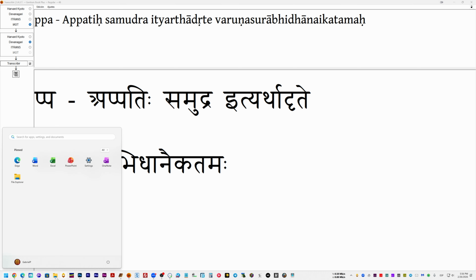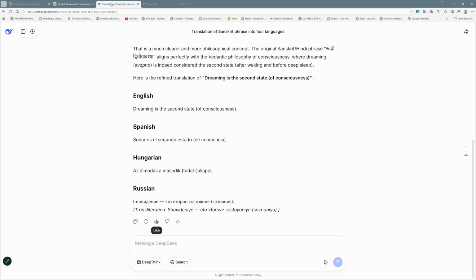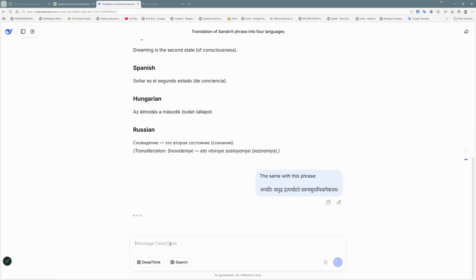Okay, I go to DeepSeek to ask what craziness it will translate. The same with this phrase. Anything can happen, because this phrase is more complex.